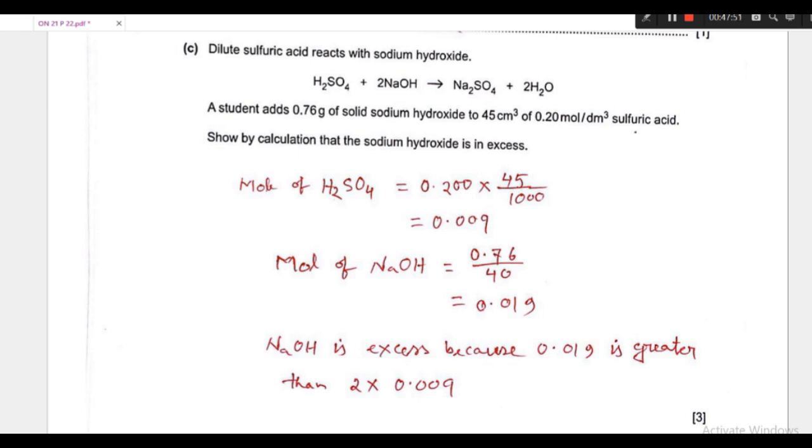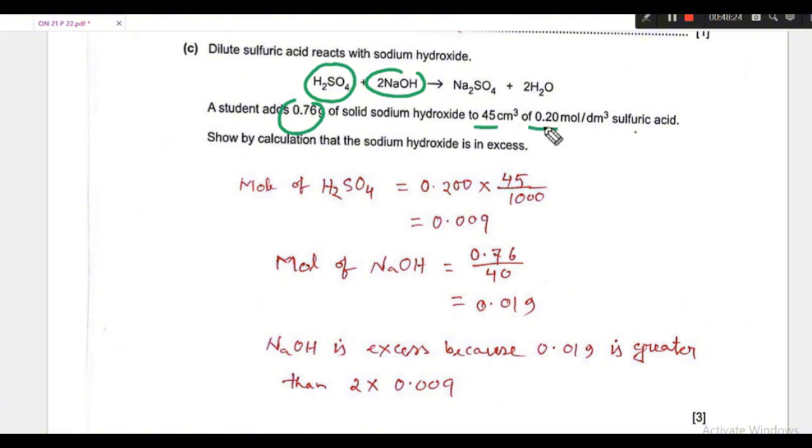Now this is a calculation. Dilute sulfuric acid reacts with sodium hydroxide to produce sodium sulfate plus water. A student adds 0.70 gram of sodium hydroxide to 40 centimeter cube of 0.20 mole per dm cube sulfuric acid. Here the sodium hydroxide mass is given, and the sulfuric acid volume and concentration are given.